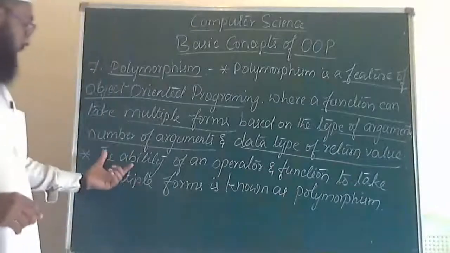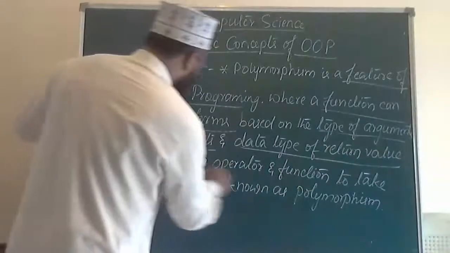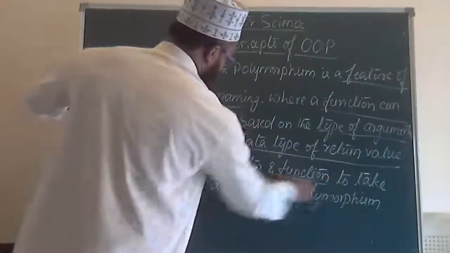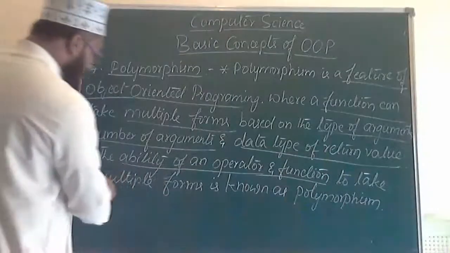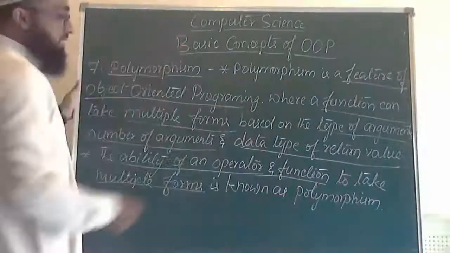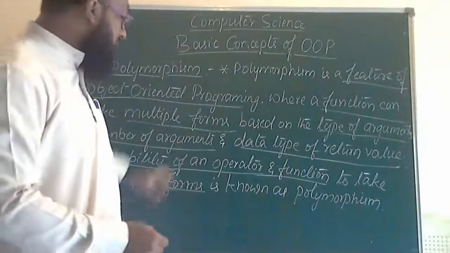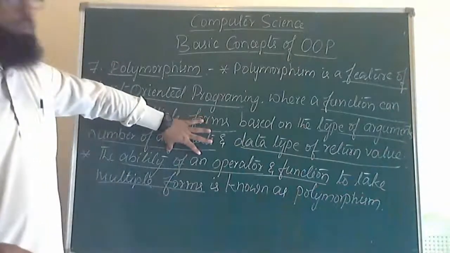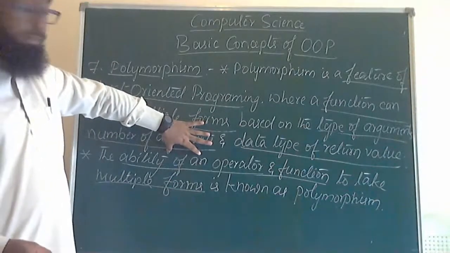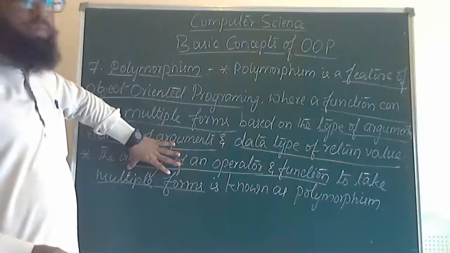What is meant by the ability of an operator or function, and what is meant by multiple forms?